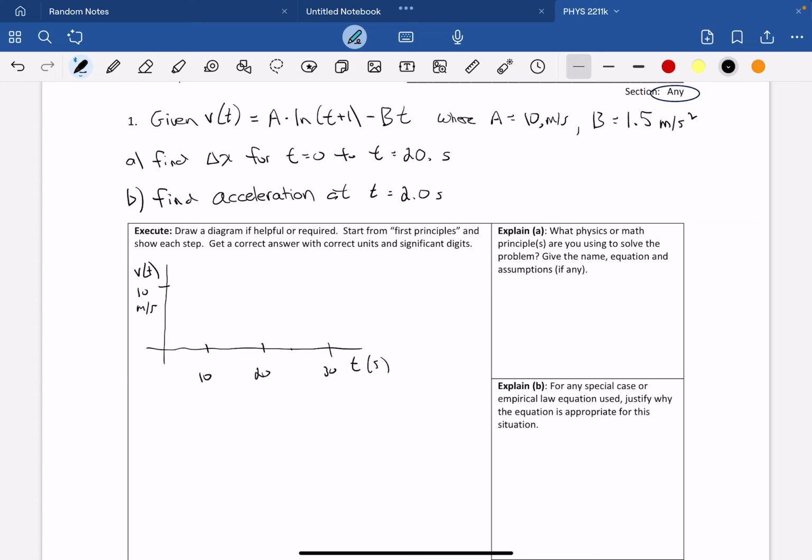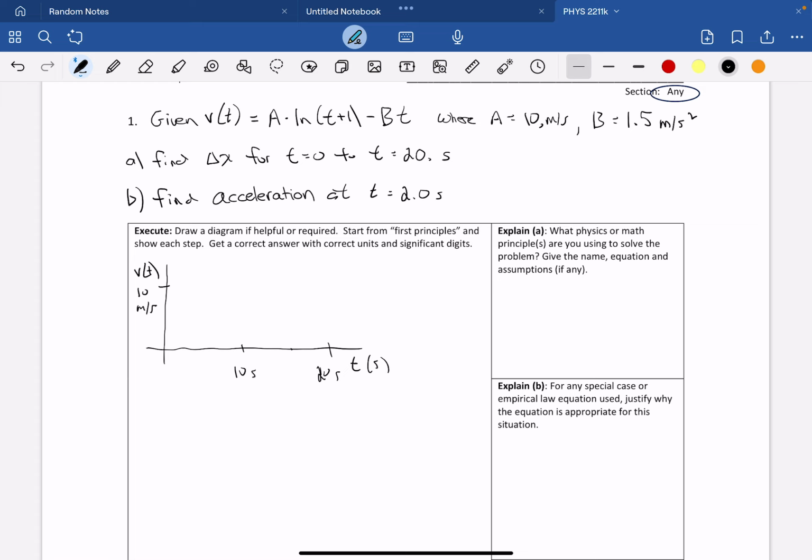So the first thing I'm going to want to do when trying to solve a problem like this is to graph the equation. The reason I want to graph it is I just want to have some visual idea of what's going on.